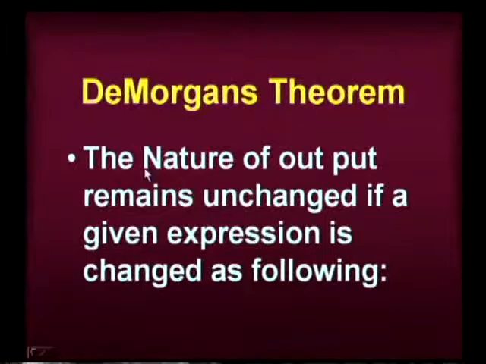De Morgan's theorem states that the nature of output of a given expression will not change if we follow a certain procedure listed in 3 steps. So, the statement is that the output remains unchanged if a given expression is altered along the following lines.